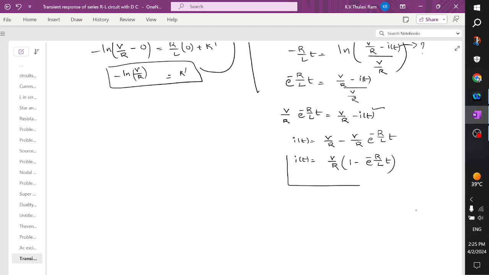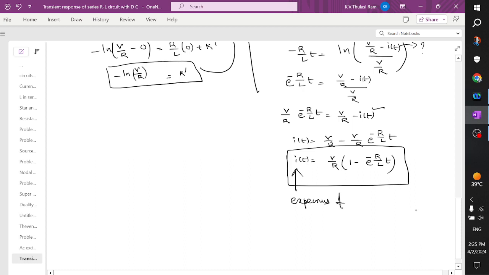This is called the expression for current for a series driven RL circuit.